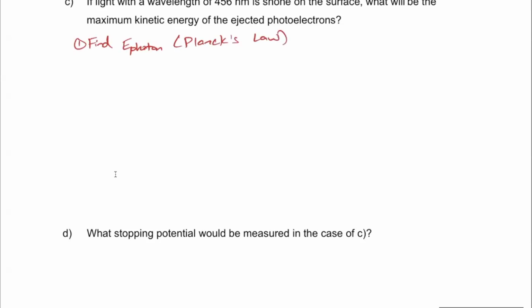Okay, that's pretty straightforward. Energy is going to be hc divided by lambda, or h times f, depending on what we have. In this case, we have lambda.